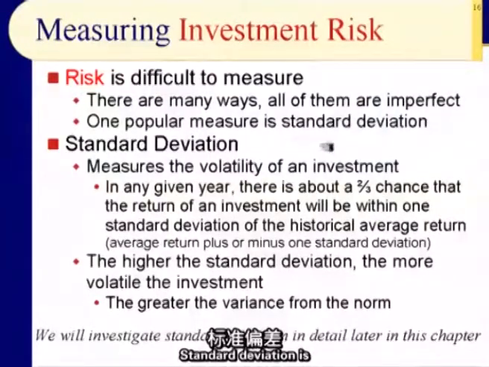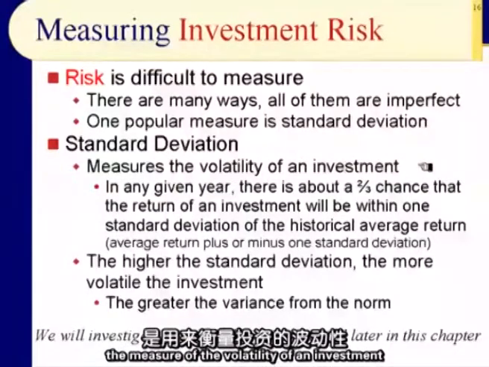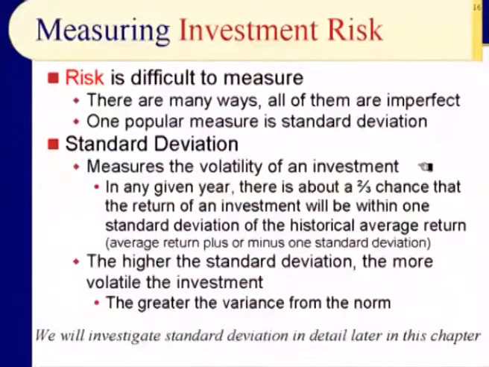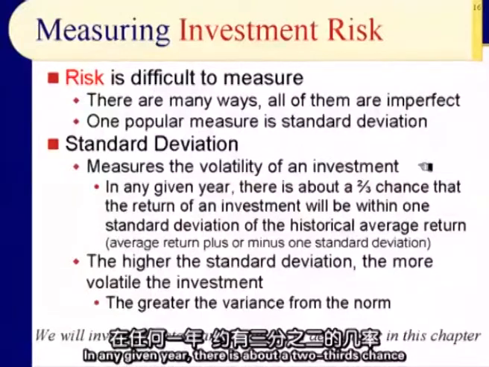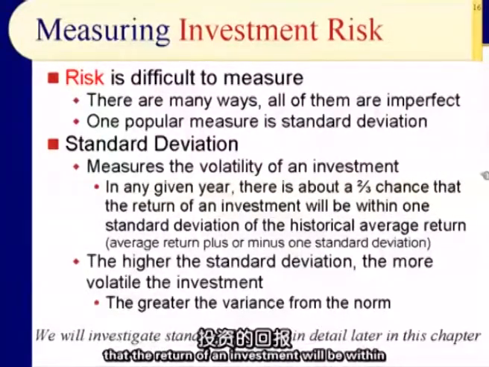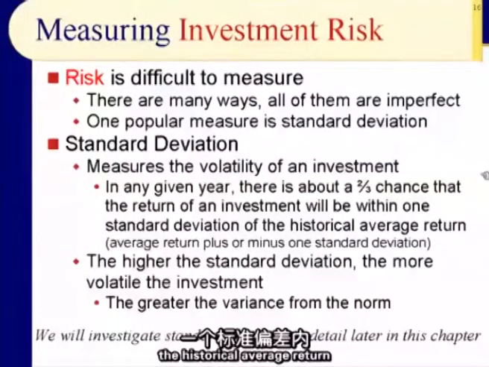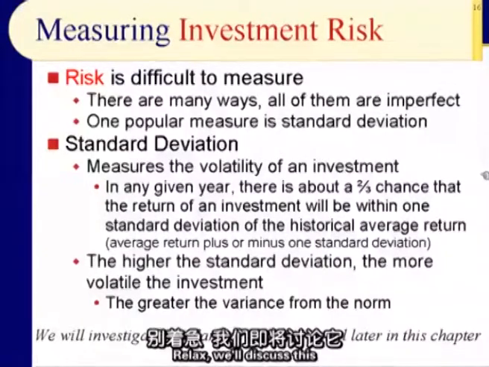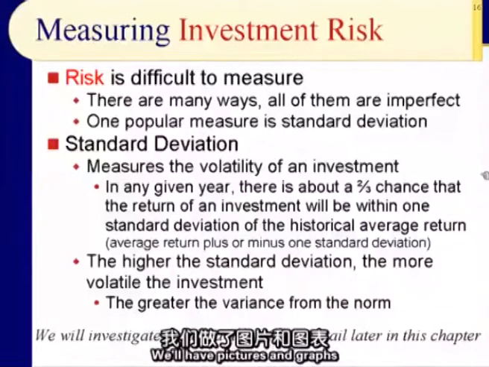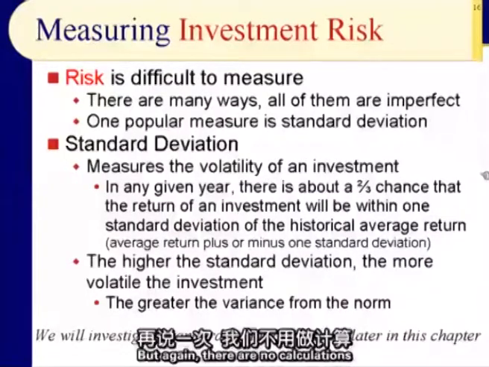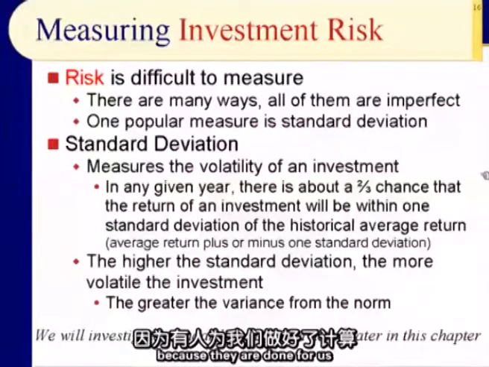Standard deviation is the measure of the volatility of an investment. In any given year, there is about a 2/3 chance that the return of an investment will be within one standard deviation of the historical average return. Relax, we'll discuss this. We'll have pictures and graphs. But again, there are no calculations because they are done for us.